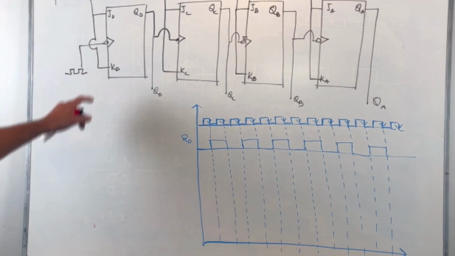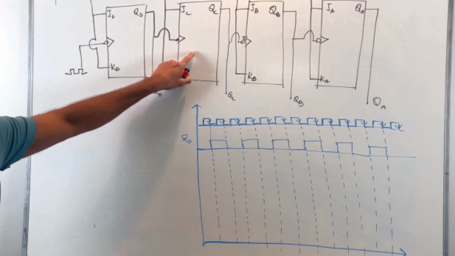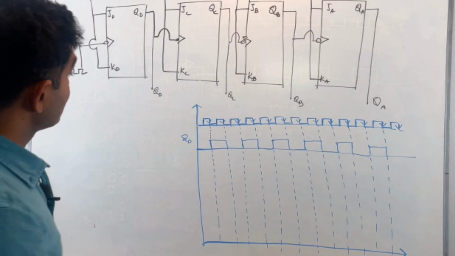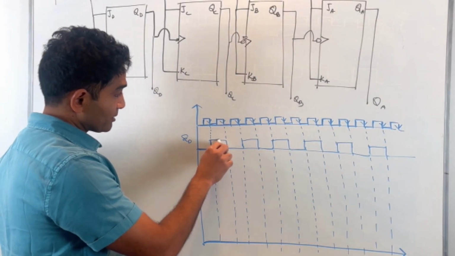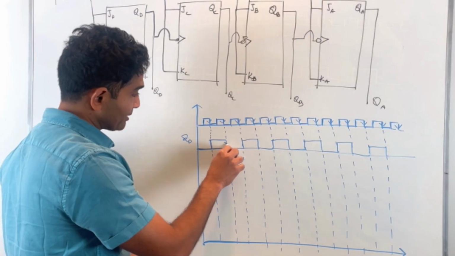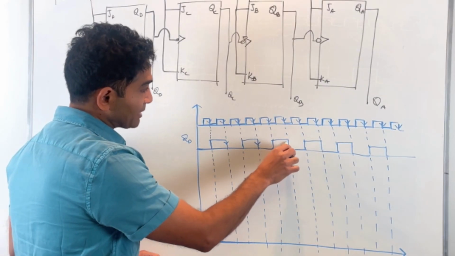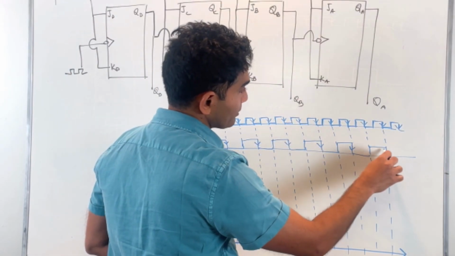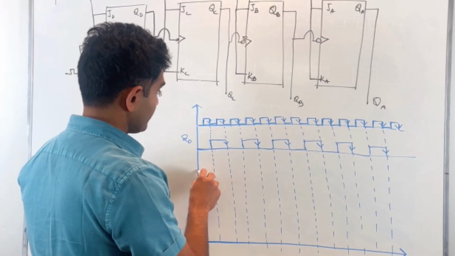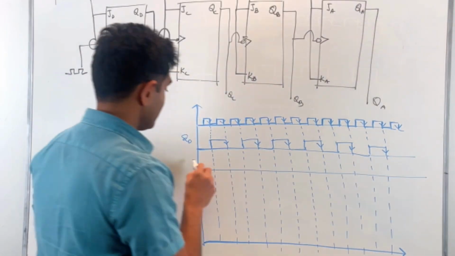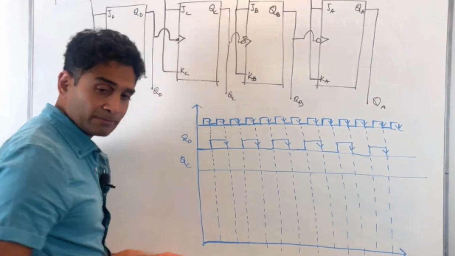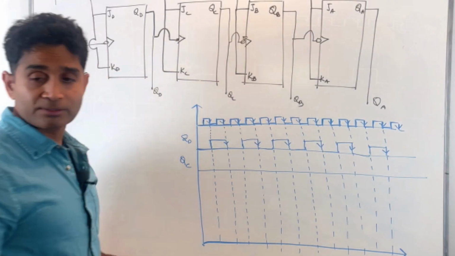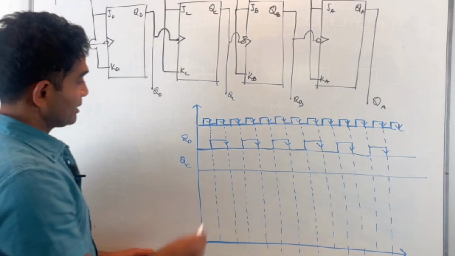Now QD is what is being supplied as a clock to the QC flip-flop, JC and KC, right? Because this functions as the clock, I will identify these active edges, because these are the active edges at which my QC values toggle. Okay, so when I draw QC, assuming that QC is 0 to start with, I start with the 0 value.